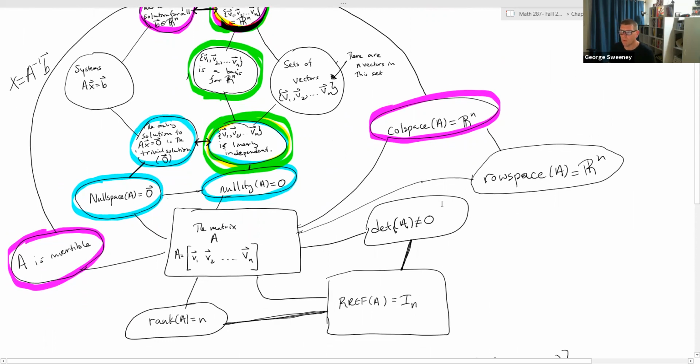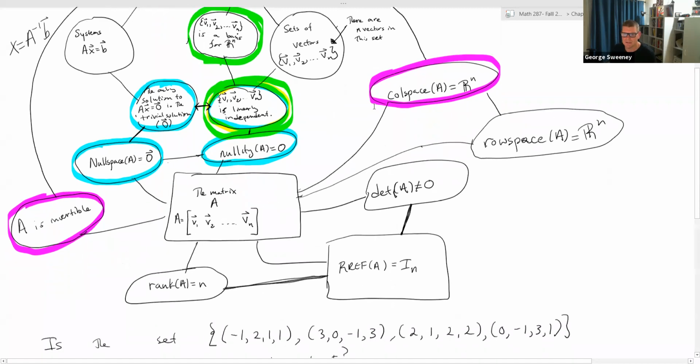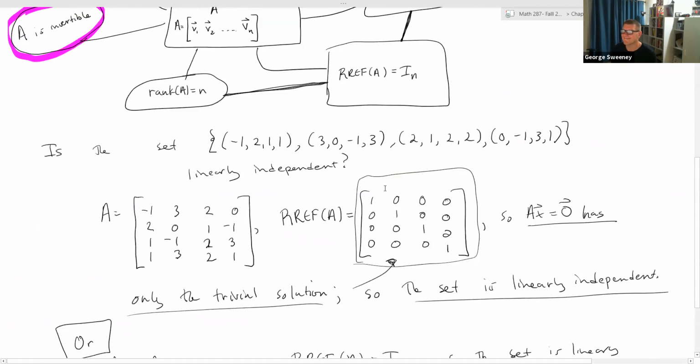So I get the RREF of A equals I_n, then all of these are true, including v1 through vn is linearly independent. So all you need are the two conditions from the IMT: A is square, and it row reduces to the identity. That gives you linear independence by the IMT. I should add that. Oh, I did, by the IMT. There you go.